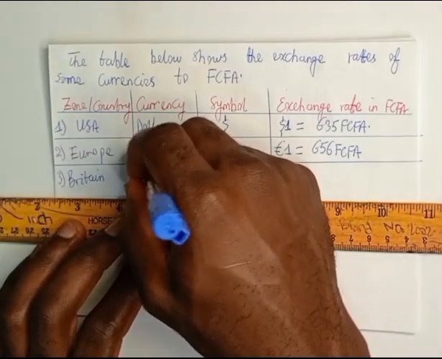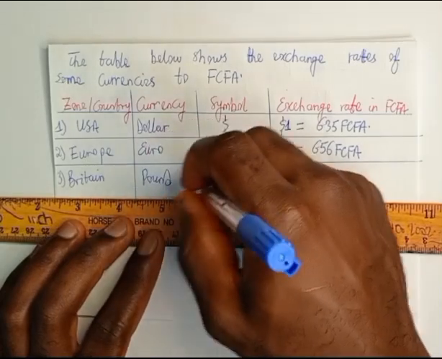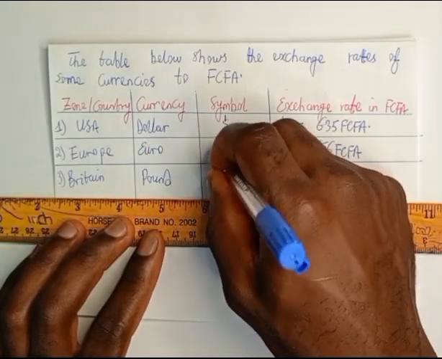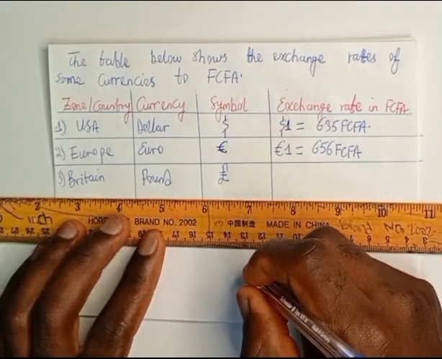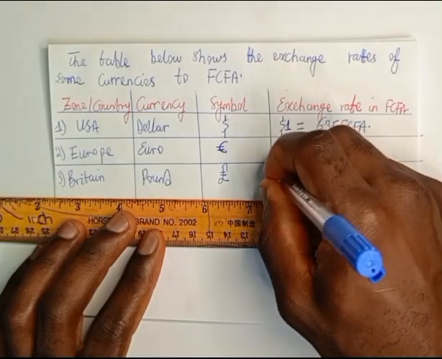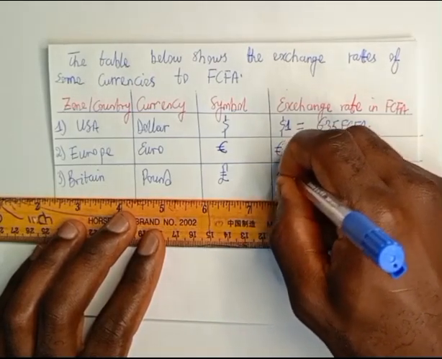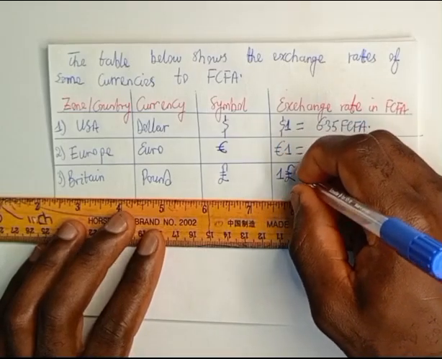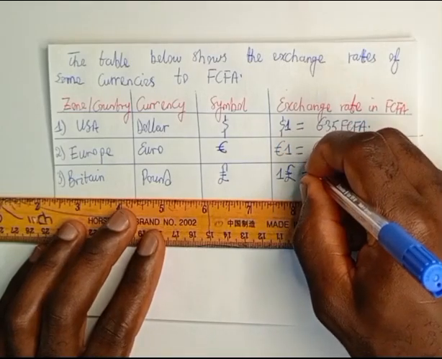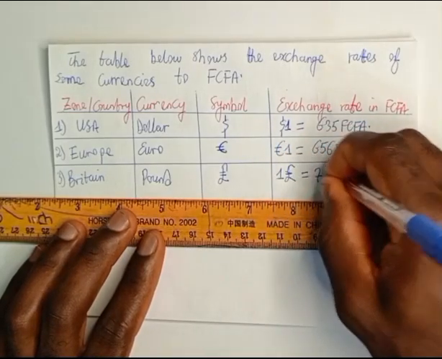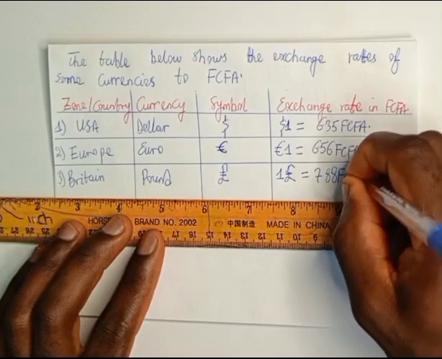The currency is the pound, £1 is approximately 788 francs CFA.